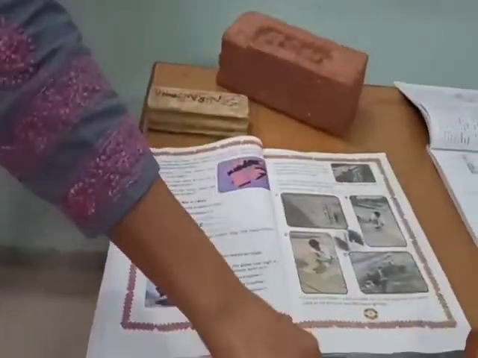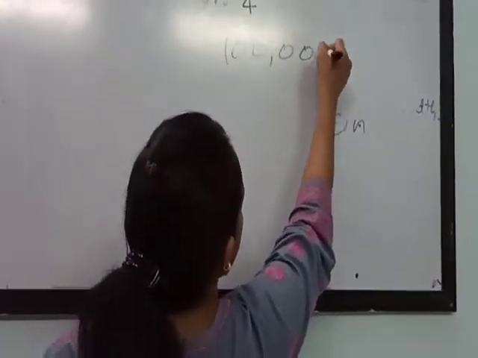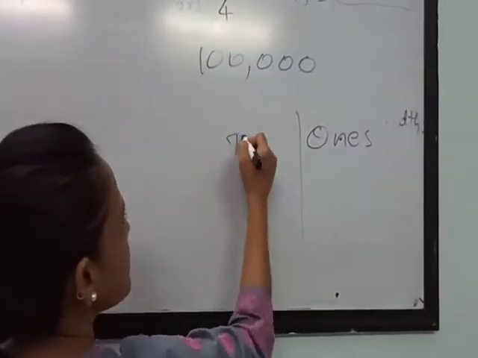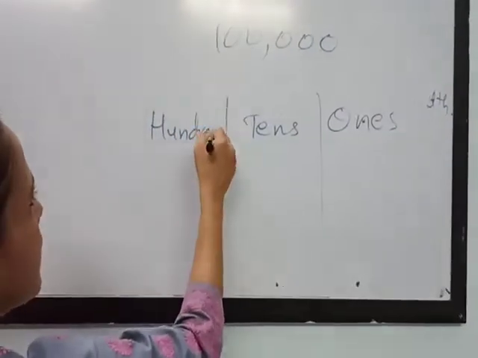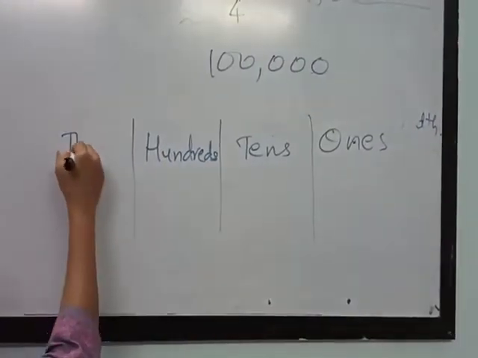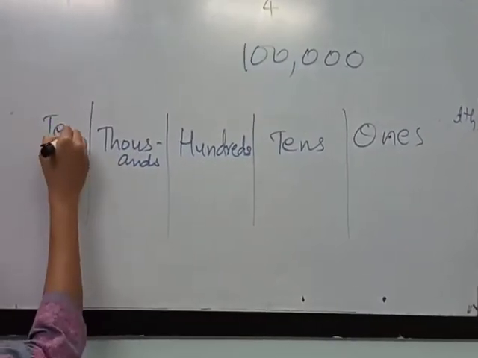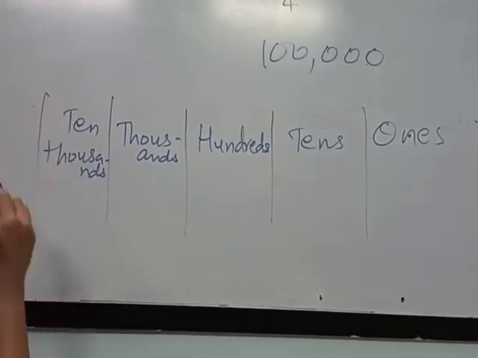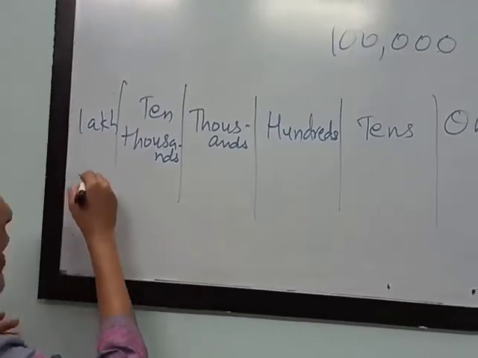And as you know the place value, how are we doing it? You write 100,000 like this. I'll show you the place value. Ones, tens, hundreds, thousands, 10,000s. I think you have done this in your third standard. Lakh, 10 lakh, crore, 10 crore, like that. Right?